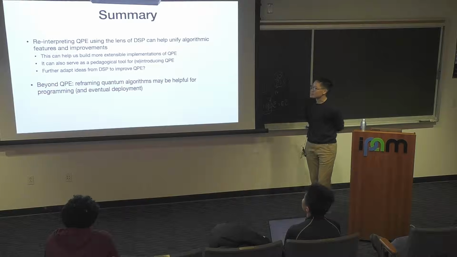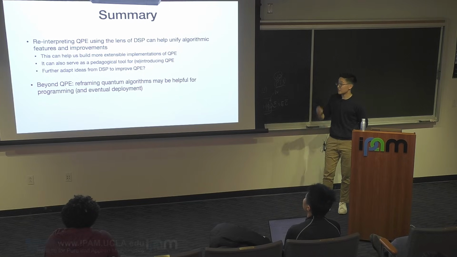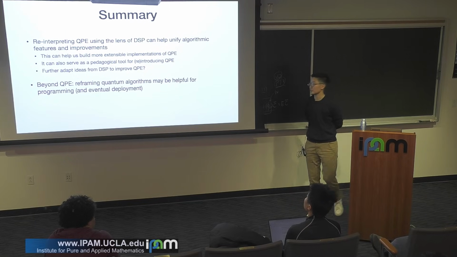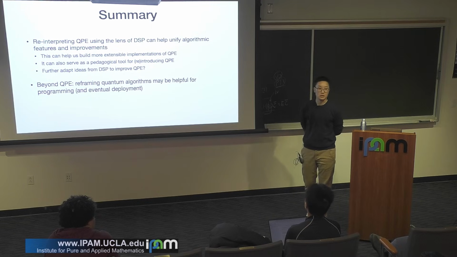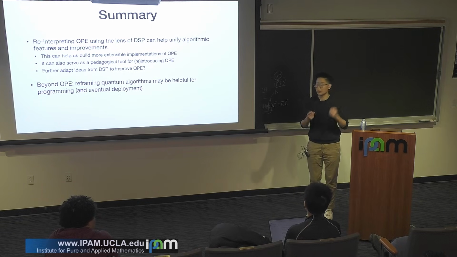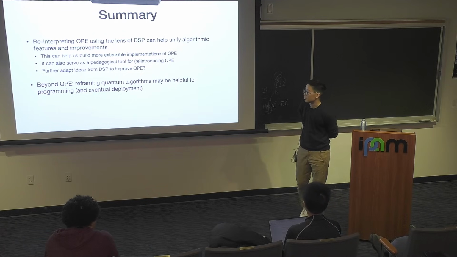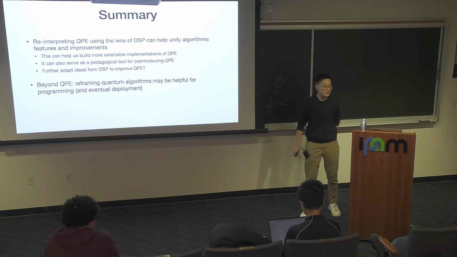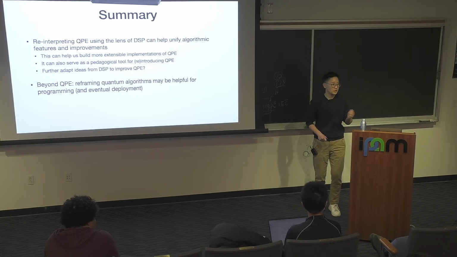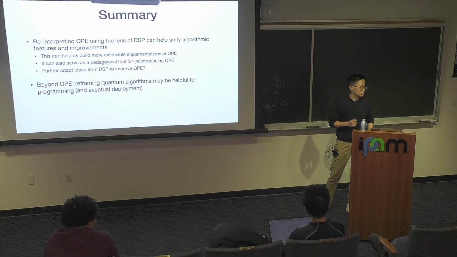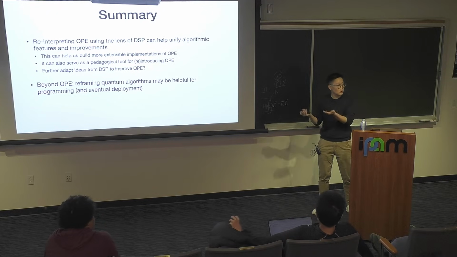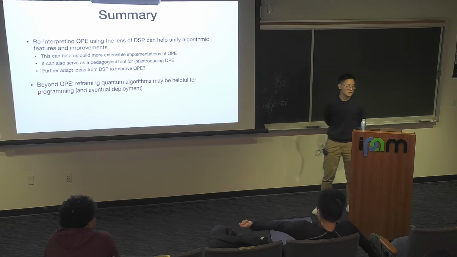And the last point is perhaps it will be interesting to see if we can go beyond phase estimation and reframe other quantum algorithms in perhaps a different way. That could be helpful for generalizing. That could help really with the programming of the quantum algorithm and eventual deployment. I know Katharina talked about one of the challenges being mixing and matching different improvements, and having a more general framework for different pieces can help with that.